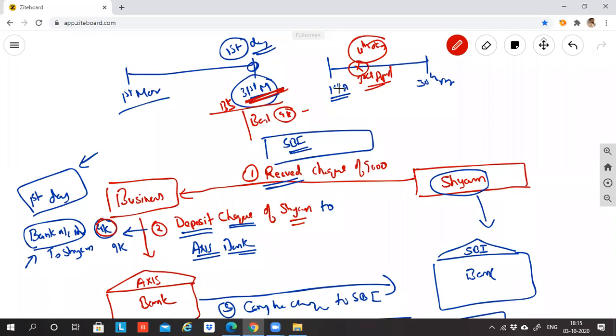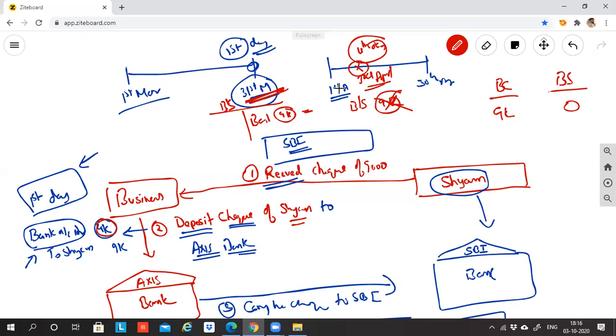But when you compare this with the real bank statement, 9,000 rupees is not there as on 31st March, because the money is coming into the bank account only on 3rd April. So as per the bank statement, the amount is 0. As per the bank column of cash book, the amount is 9,000.